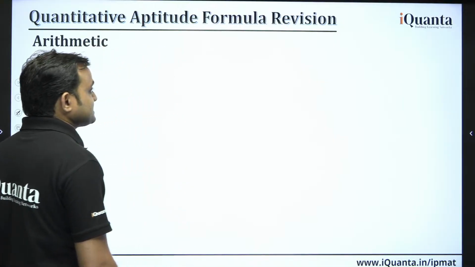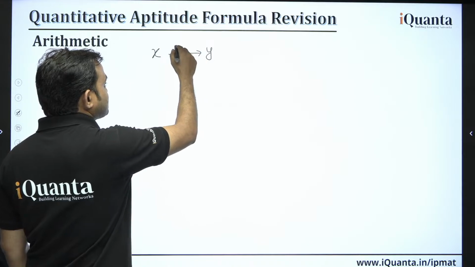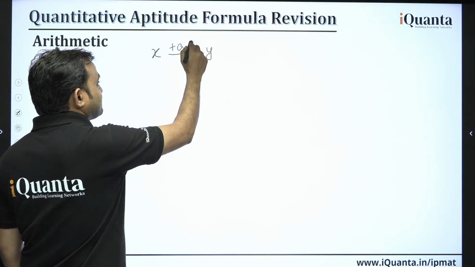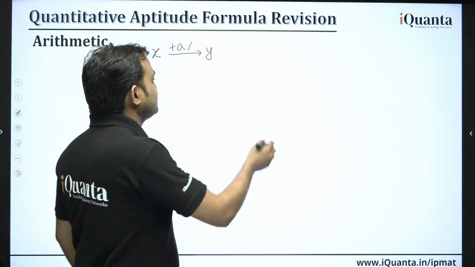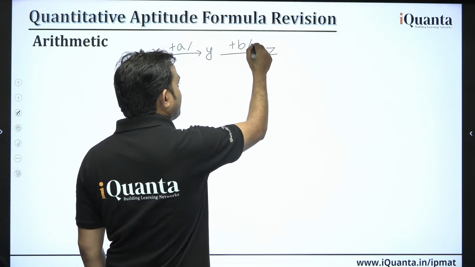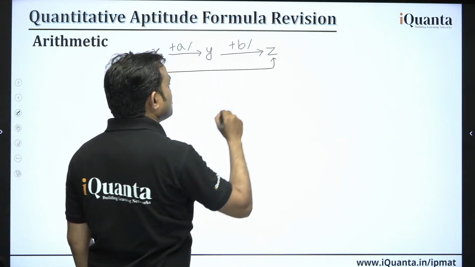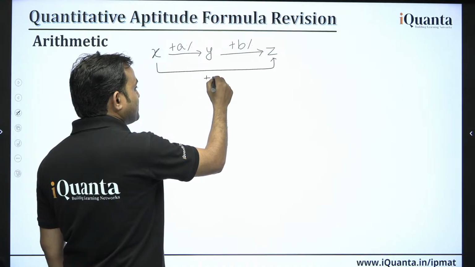So what we can say, let's say there is a value x, there is another value y which is achieved by increasing the value x by a%. Then another value z is achieved by increasing the value of y by b%. And the total change from x to z is p%.